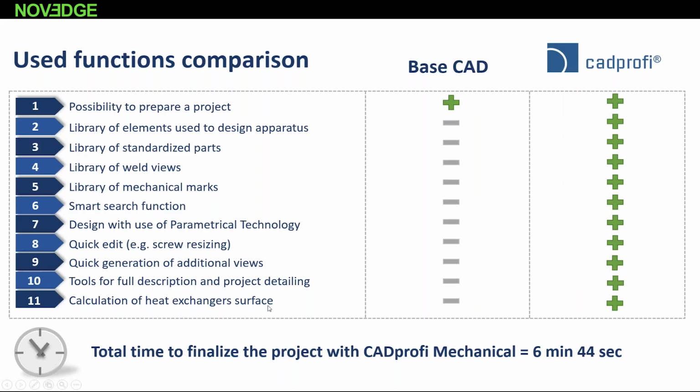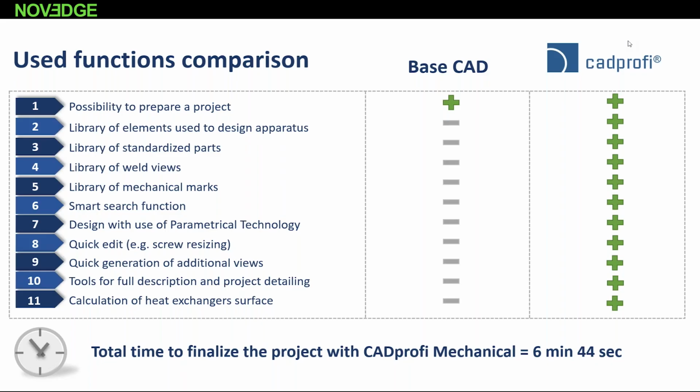Let's check what kind of functions have been used when comparing the BaseCAD platform to the BaseCAD platform plus CADprofi Add-Ons. Of course, the possibilities to prepare the project are in both situations the same.